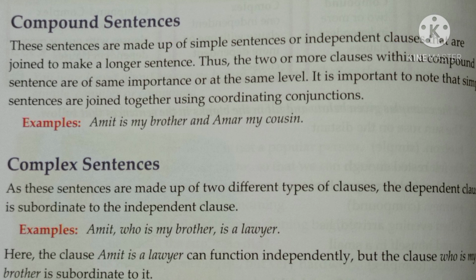For example, "Amit, who is my brother, is a lawyer." Here, the clause "Amit is a lawyer" can function independently, but the clause "who is my brother" is subordinate to it. Okay, so that was the example of a complex sentence.